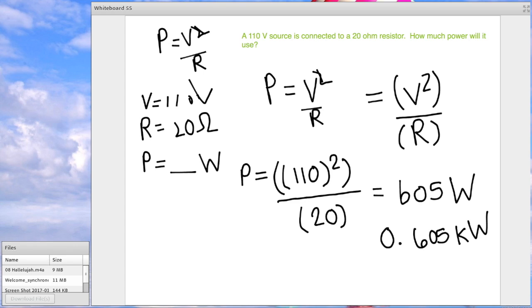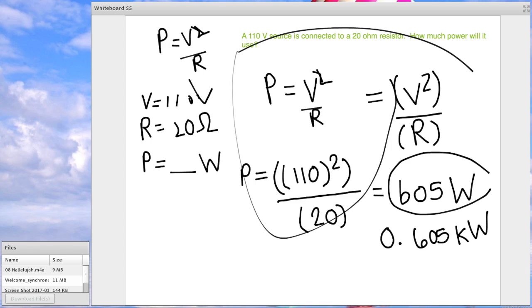So that's how you would solve a problem like that. What's really important is these parentheses. Again, if this is a short answer, you've got to show your work. You'll only get half credit for this. All of this is worth the other point. You've got to do both. Okay, let's try something else.